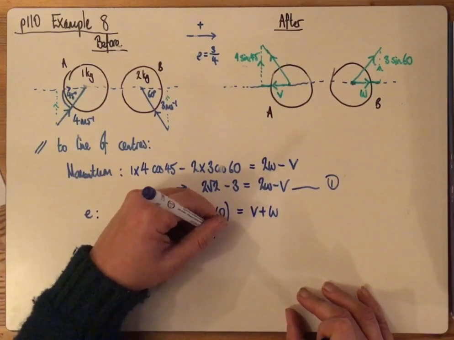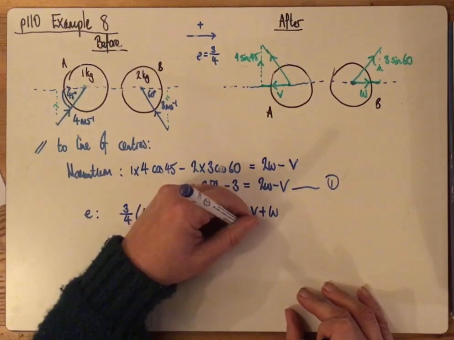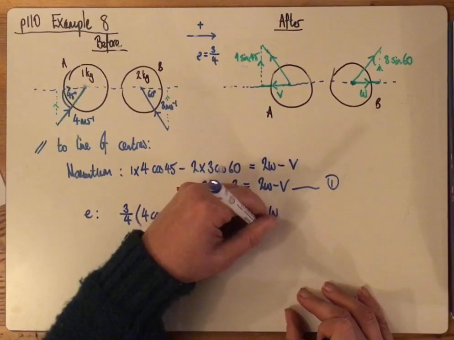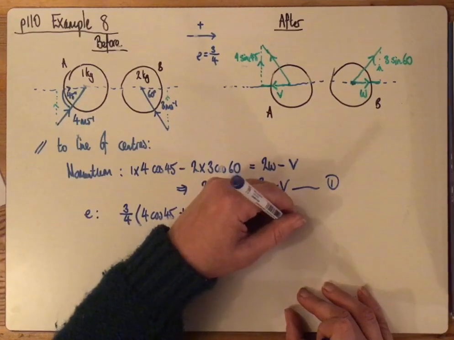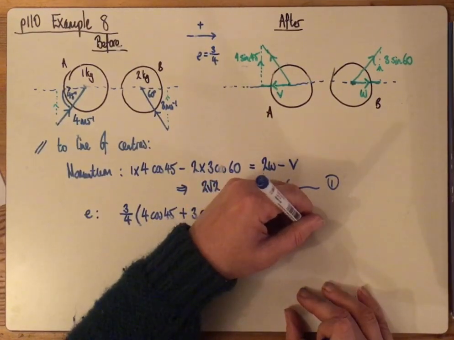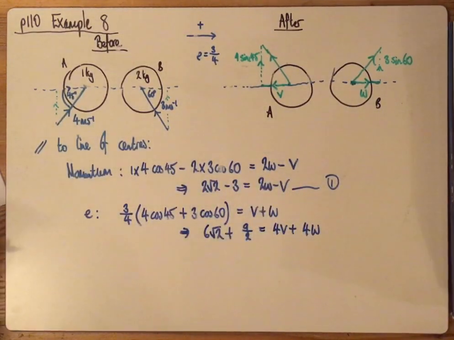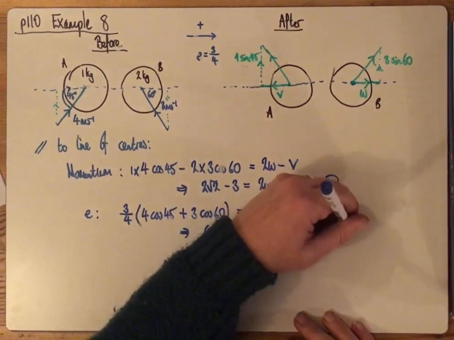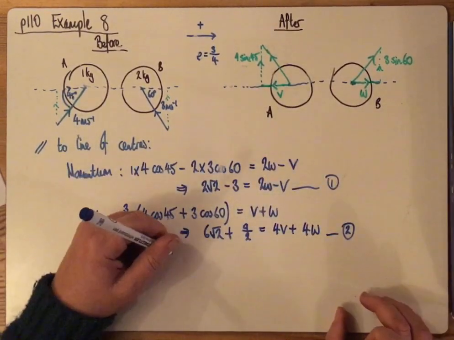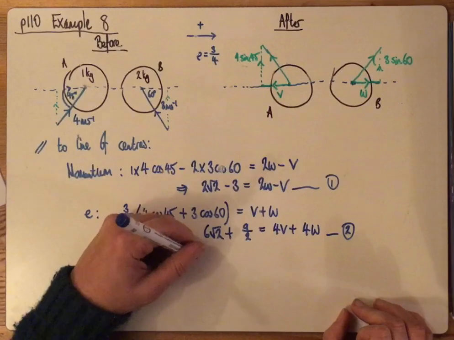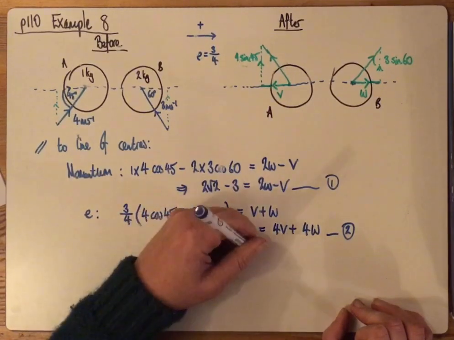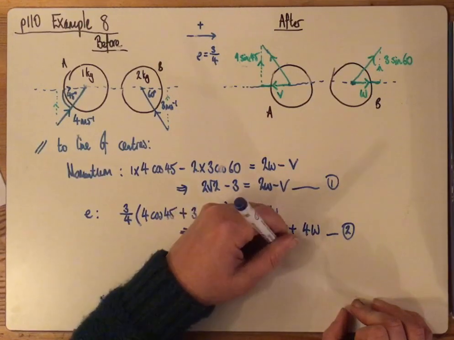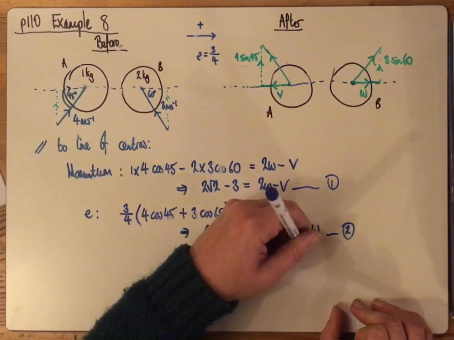So 6 root 2 plus 9 over 2 is equal to 4V plus 4W. I would just whack that into a calculator. Don't be shy about putting these sort of things into a calculator. You're expected to. And so W comes out as being 1.025 and V is equal to 2.221.